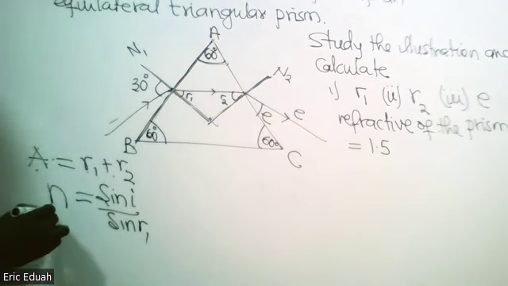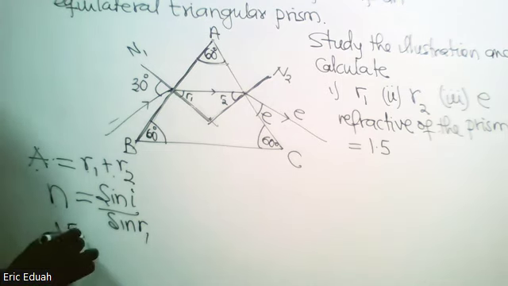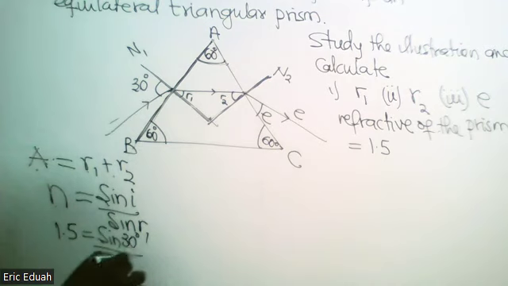Okay, the absolute refractive index is 1.5. It's equal to sine of I, which is 30, over sine of R1.